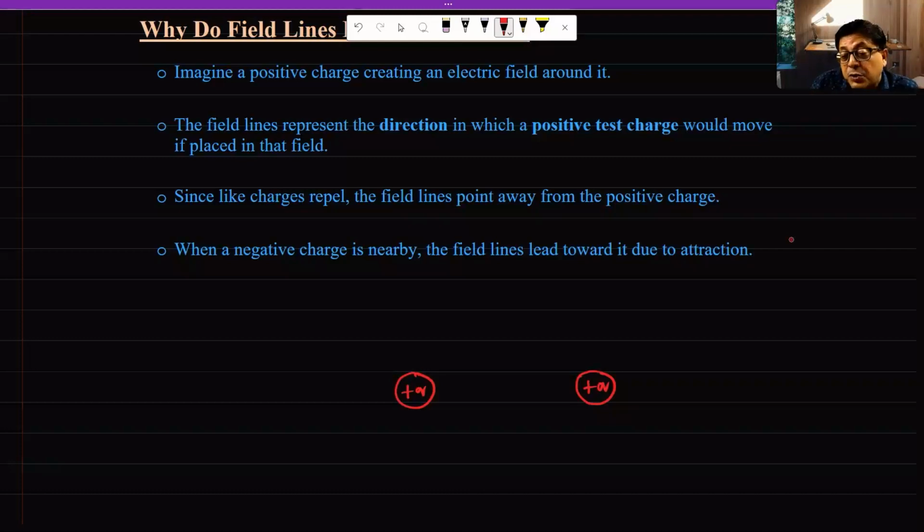That will be understood. I told you, when you are pictorially representing the electric field, then you have to understand everything with the help of those field lines.